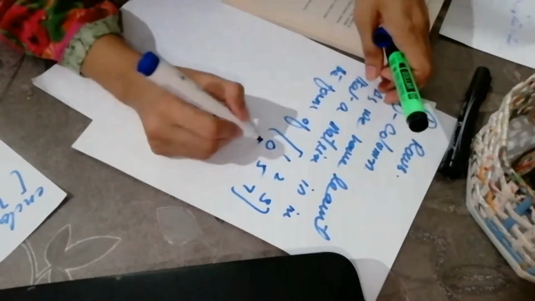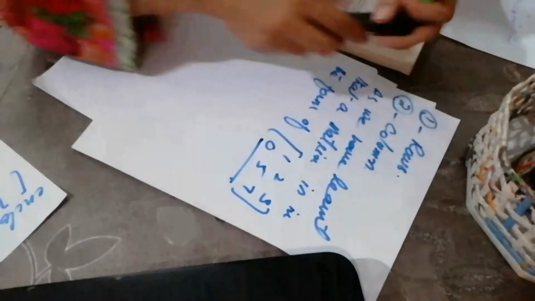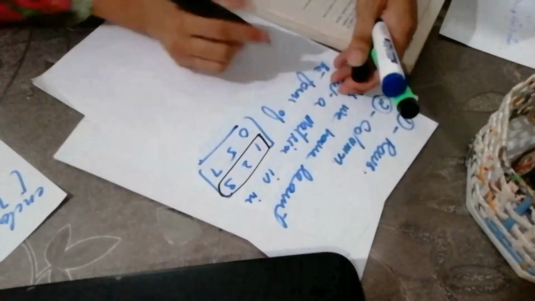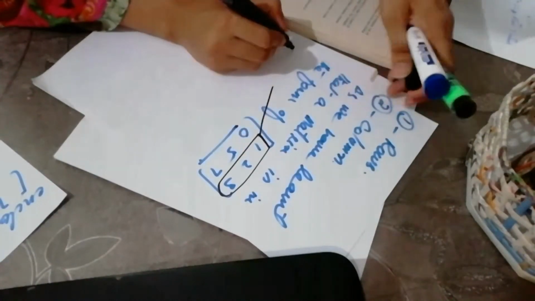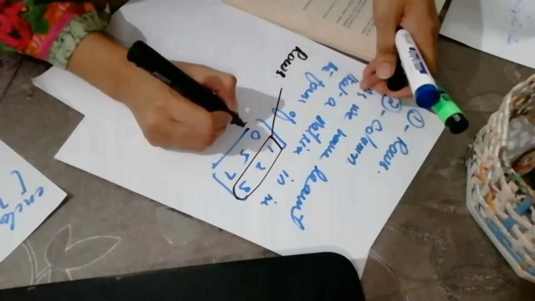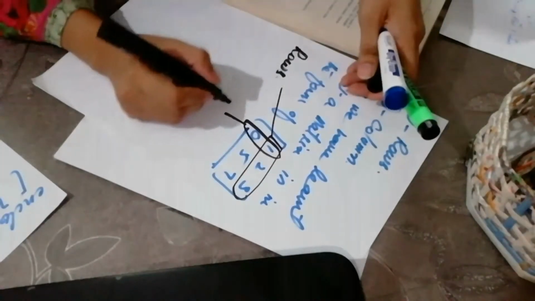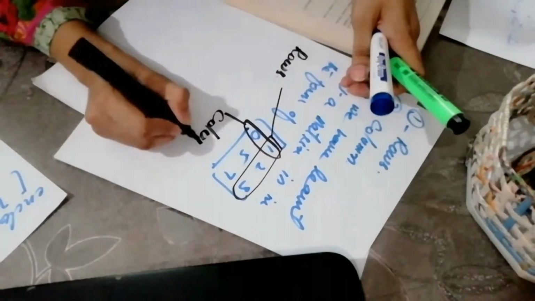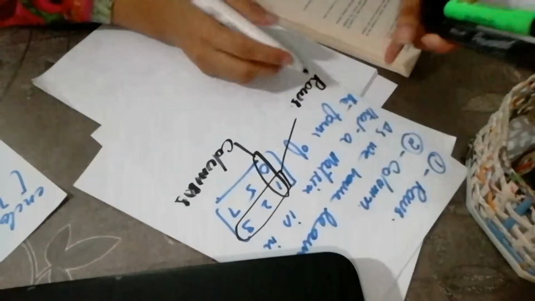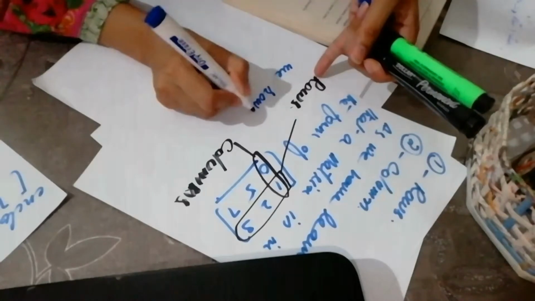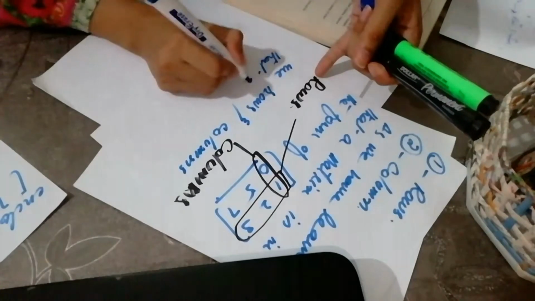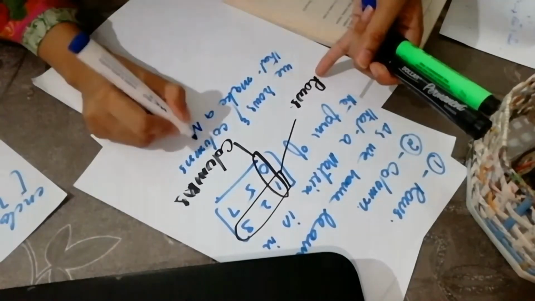So in this matrix, this horizontal presentation is called rows, and this vertical representation is called columns. So rows and columns make a matrix.